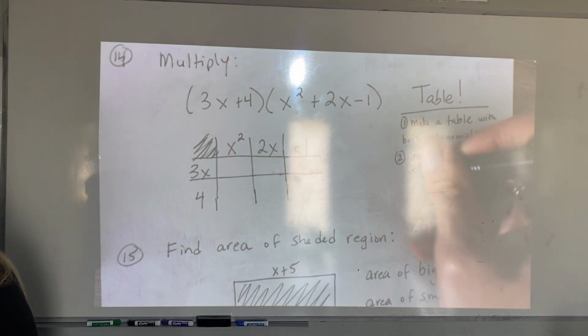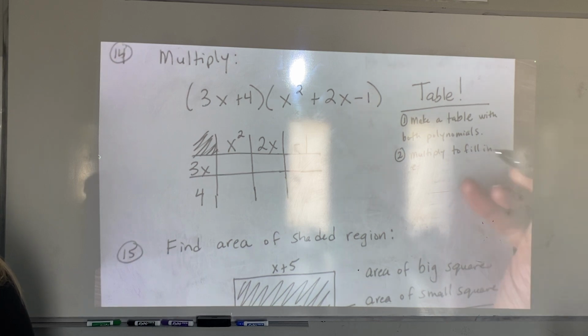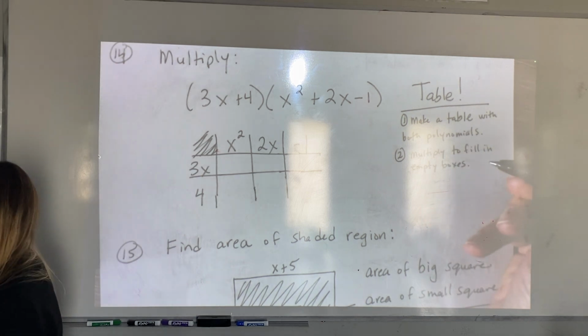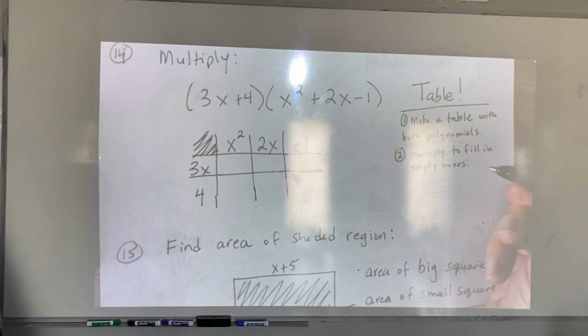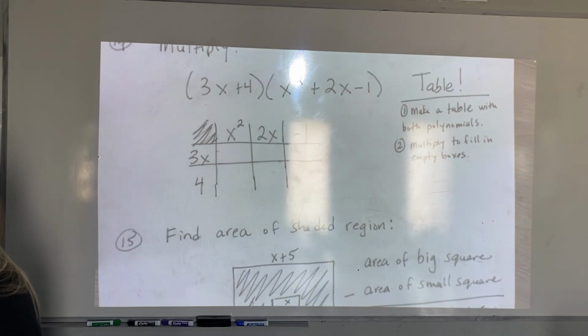And if any of my explanations make you go, what do you mean by that? Then just say, what do you mean by that? And I will explain it better. Multiply to fill in empty boxes. So let's do that before we write out step 3, okay?